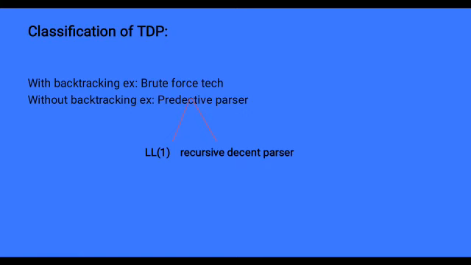In the same way, in backtracking the parse tree is started from the root node, and the input string is matched against the production rules for replacing them. That is called backtracking.